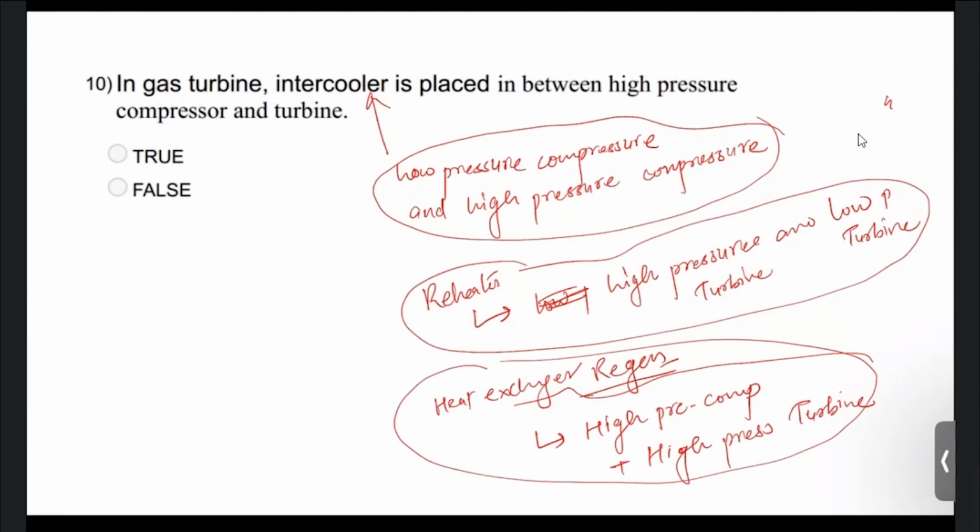No, the intercooler is always placed between the low pressure compressor and the high pressure compressor. Between the high pressure compressor and turbine, a regenerative heat exchanger is added. Okay, so in this question this statement is false.